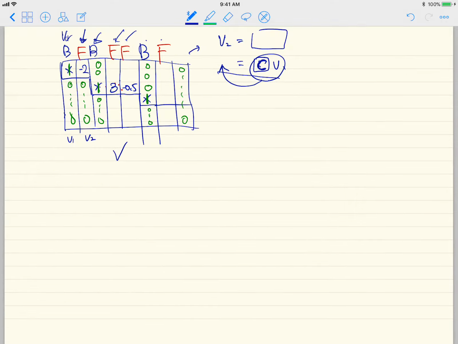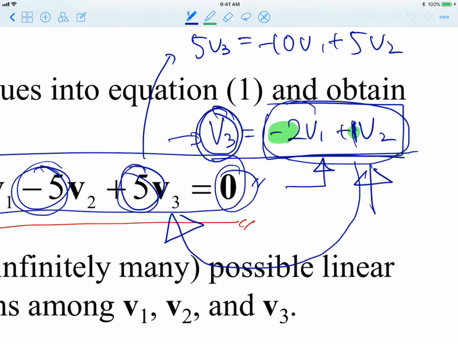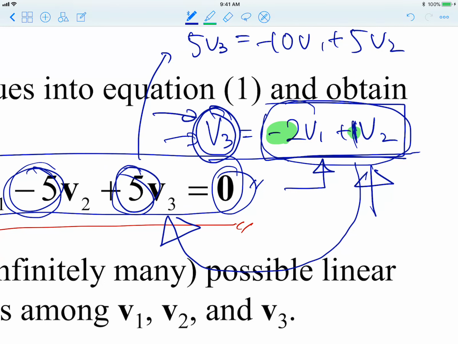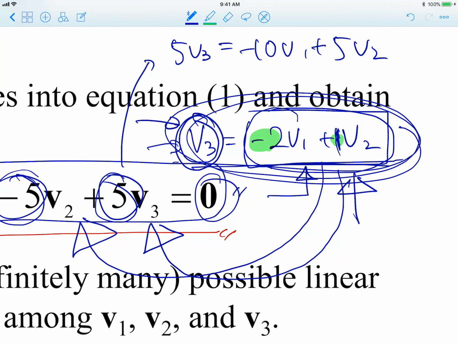So here what we are trying to do is start from this equation, and then change it into this form, which will give us one non-trivial solution for our homogeneous linear system.